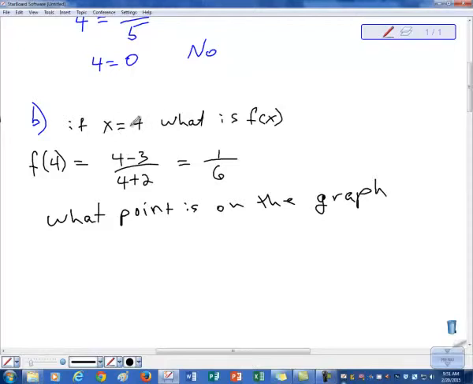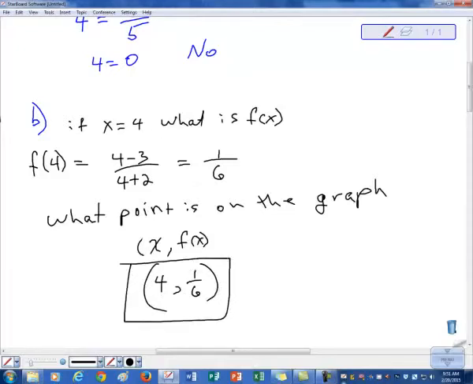In other words, you're looking at x and f of x. Since x was 4 in, f of x is 1 over 6 out. So your answer is 4 comma 1 over 6.